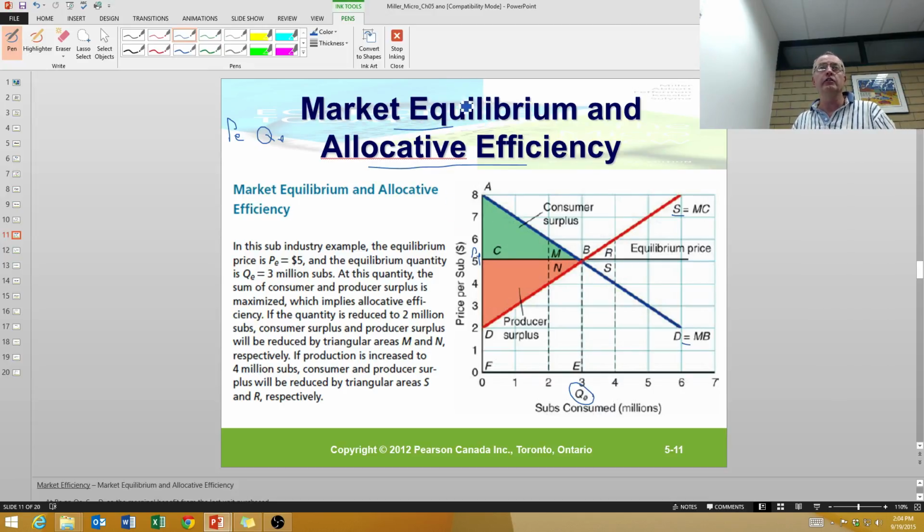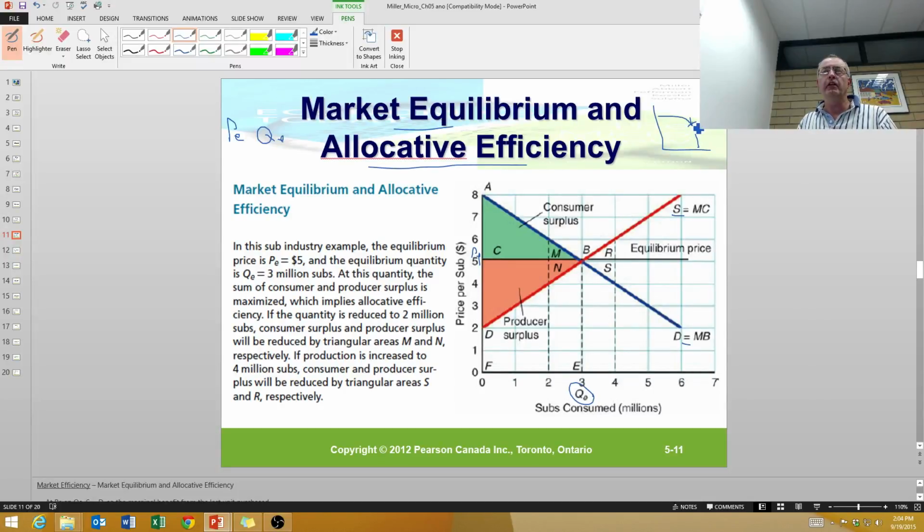And the concept of allocative efficiency says that our economy is at an allocatively efficient point on its production possibilities curve. Here's our point of allocative efficiency.